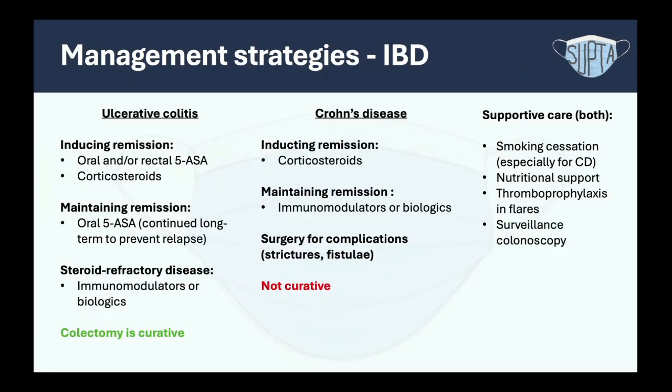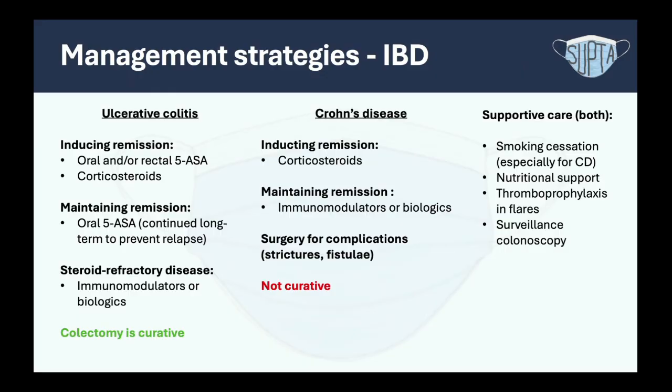A critical distinction between ulcerative colitis and Crohn's is that colectomy is curative, since ulcerative colitis is confined to the colon and the rectum. So surgically removing the entire diseased colon and rectum can resolve the disease.